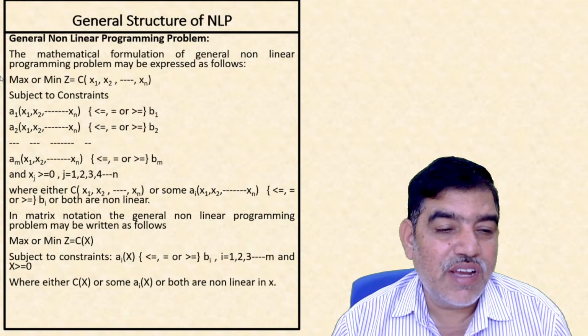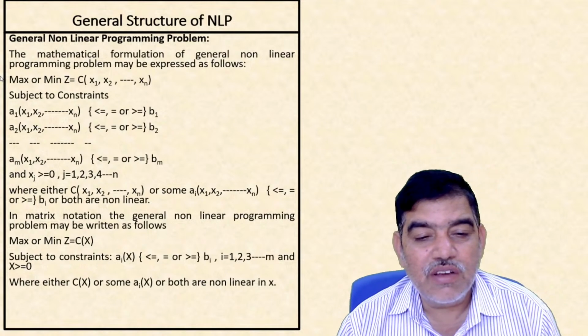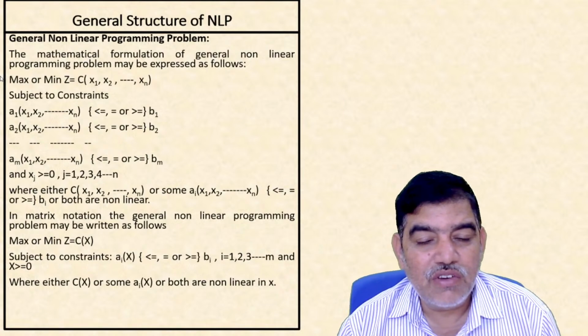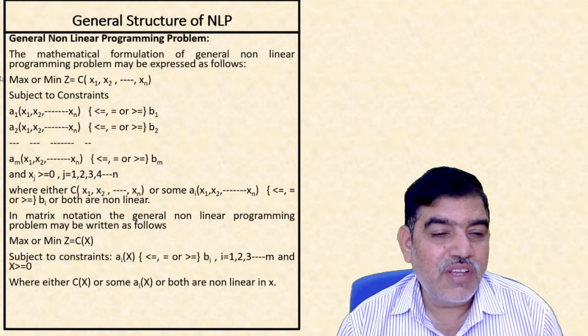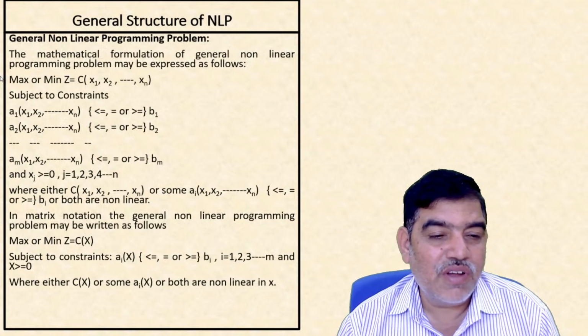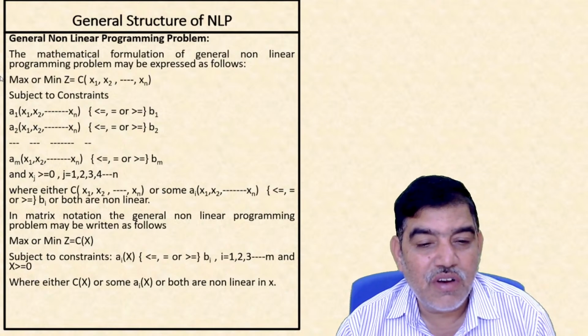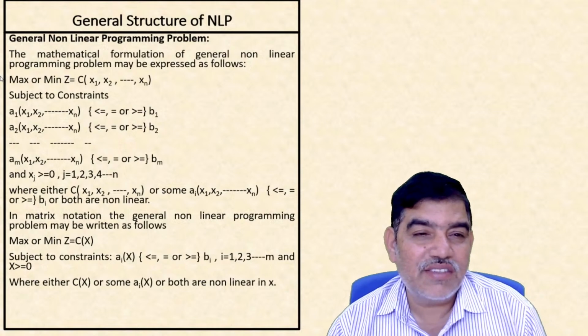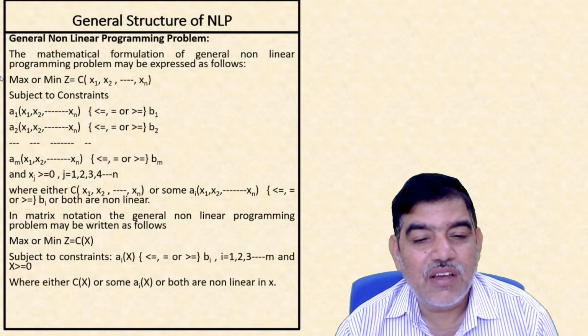In this way you may also define max or min z equal to c of x subject to constraint ai of x less than equal to, greater than equal to or equal to bi, where i equal to 1, 2, 3 up to m, and x is always positive, that is x greater than equal to 0, where either c of x, meaning the objective function, or some of the constraint functions or both are nonlinear in x, meaning the decision variables must have degree more than 1.